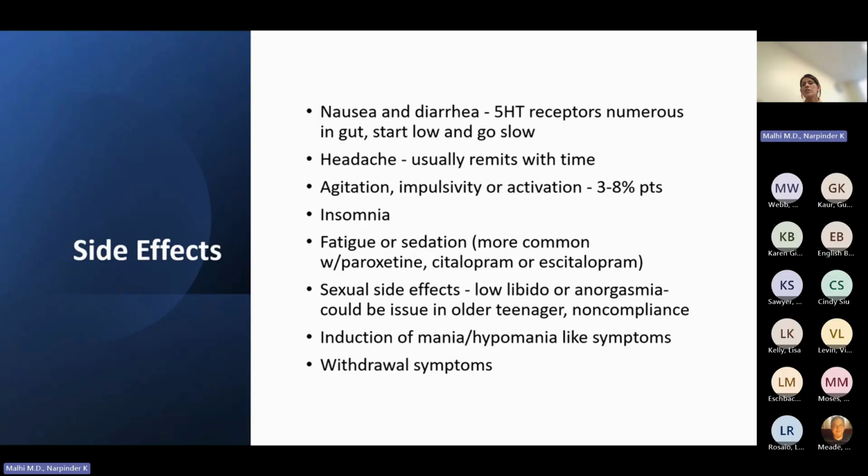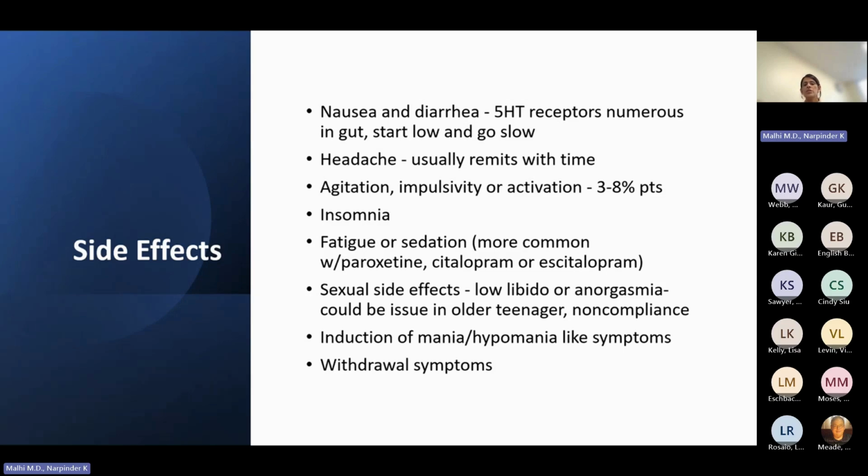Some of these medications can cause impulsivity and activation, not bipolar type, but more energetic, hyper, not themselves, and that doesn't go away. In those cases, I may have to reduce the dose or consider another medication. If it causes insomnia and the patient is taking it in the evening, I can switch it to morning. And if it causes sedation, you can switch it to the evening. That can help with the sleep as well.